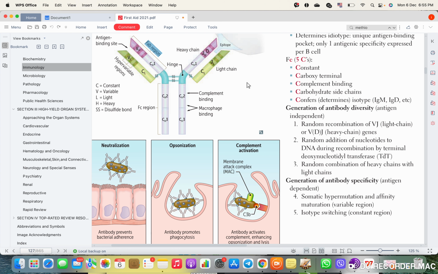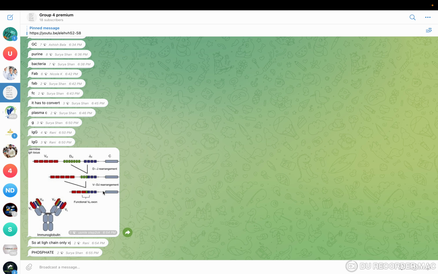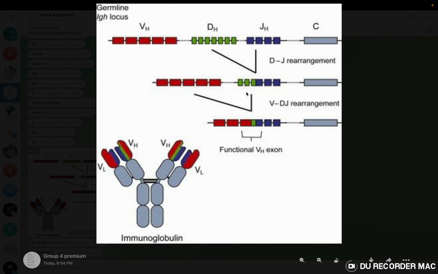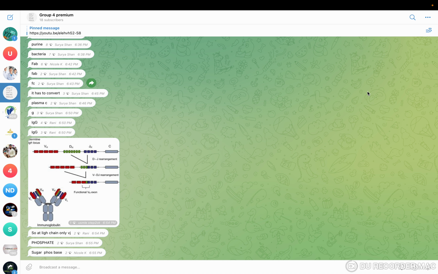At the VDJ recombination, if you take a look at this picture, there is this one that they are describing here. This process is occurring at the heavy chain, okay? But at the light chain, there is something only like the V with the J. But to be truthful with you, you don't even have to know this process.